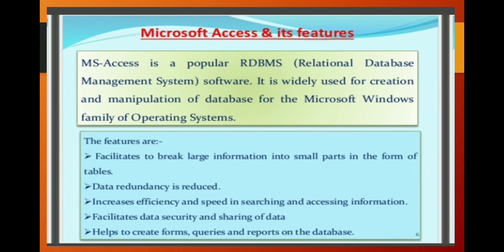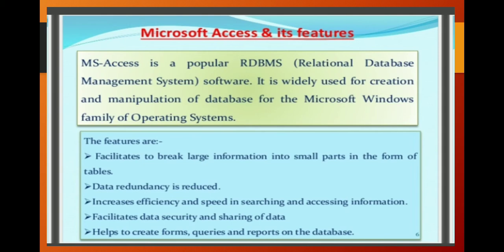Here we will see features of Microsoft Access, means what facility Microsoft Access provides us. So the first is Access provides the facility to break large information into small parts so that it is easy to access the information.